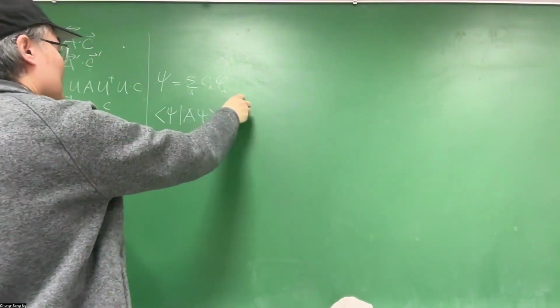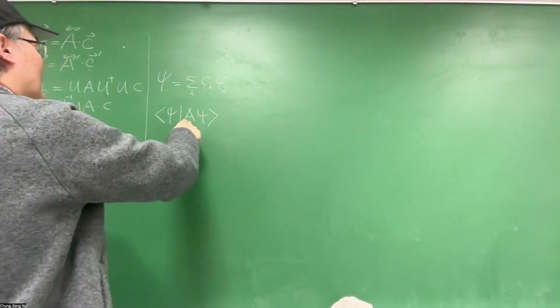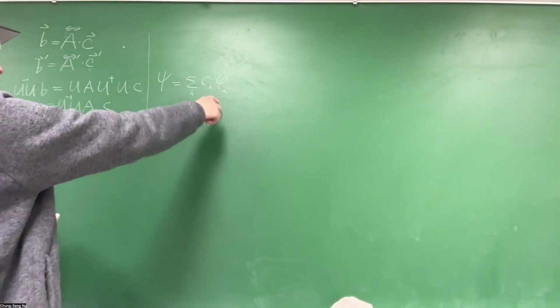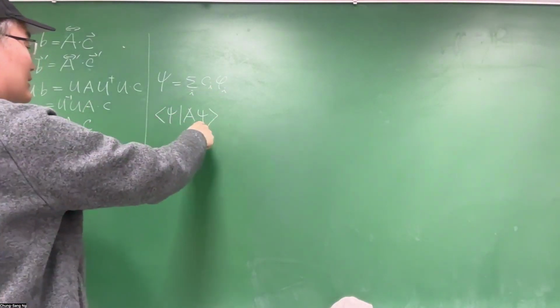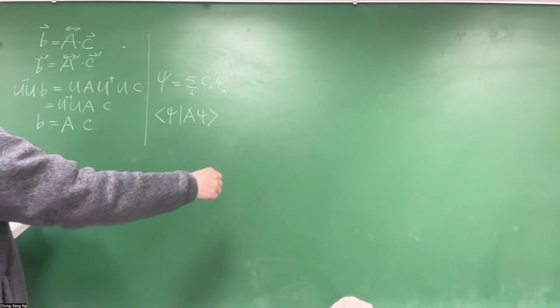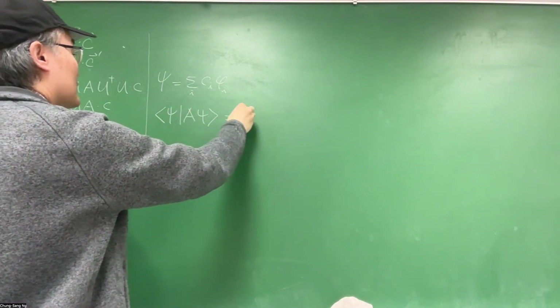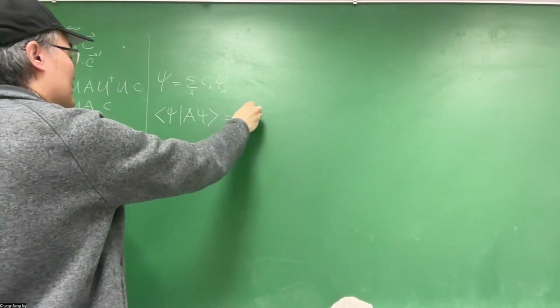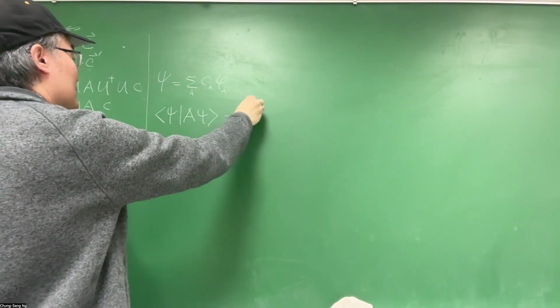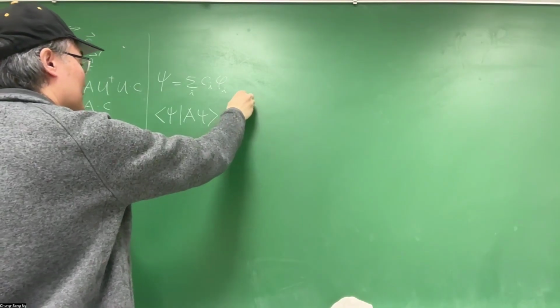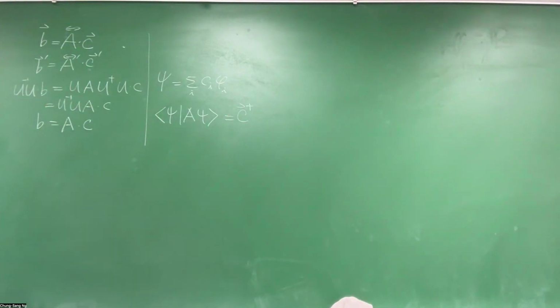This A is an operator, but if it is also expressed in the same basis, we can write it like a matrix. So this will be by the coefficient. It's just matrix multiplication now. It's C dagger, which is just the transpose and complex conjugate of C.